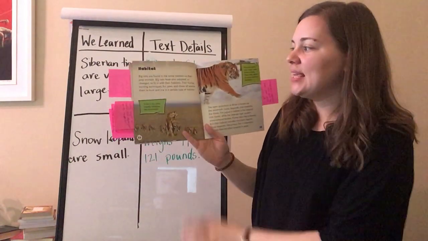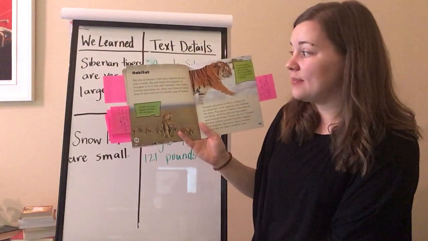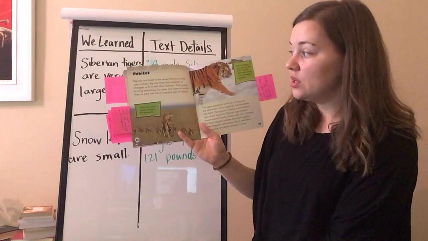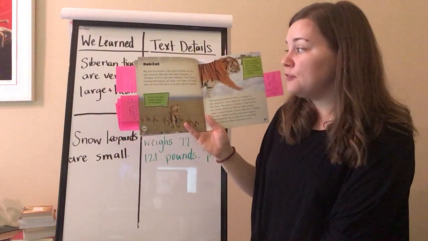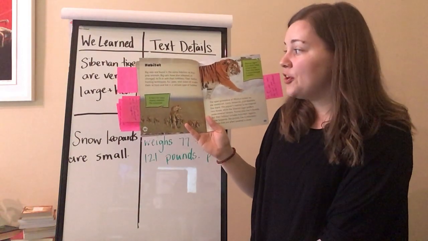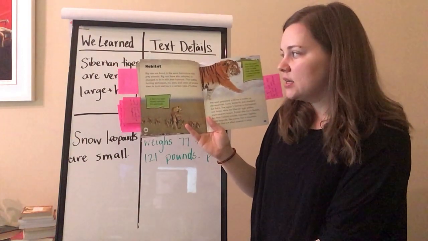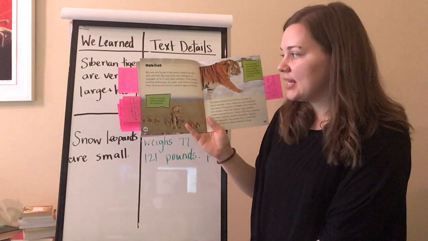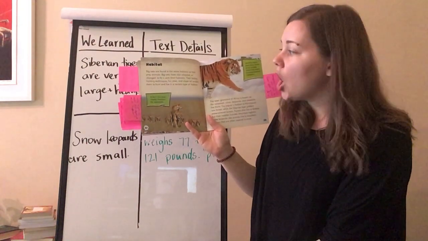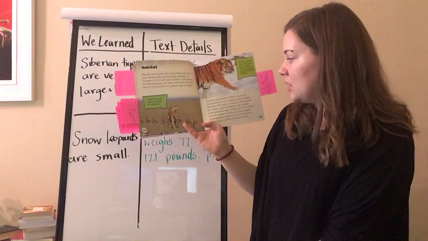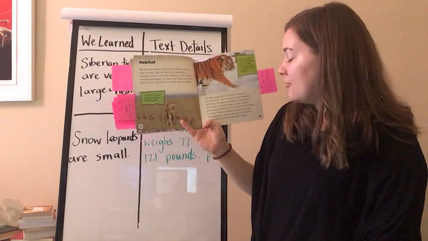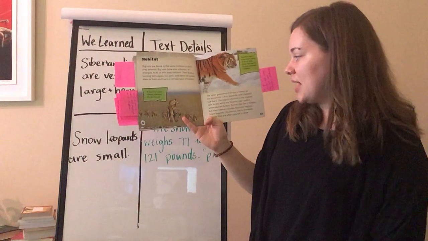Habitat. Big cats are found in the same habitats as their prey animals. Big cats have also adapted or changed to fit in with their habitats. Their bodies, hunting techniques, fur, jaws, and claws all enable them to hunt and live in a certain type of habitat. The open grassland of Africa is known as the savanna.